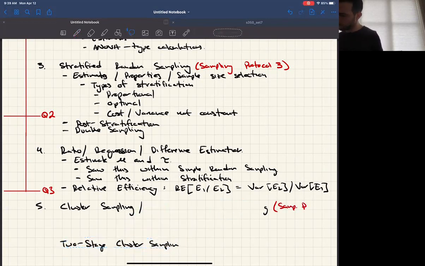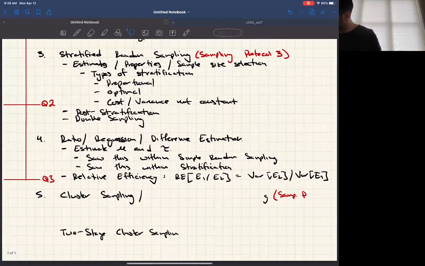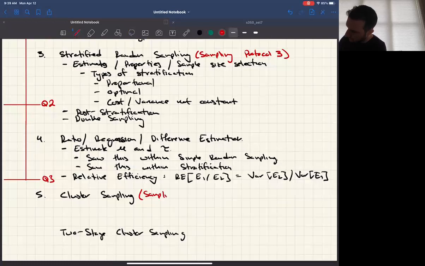Put it down here for now. And this would be sampling protocol 5.